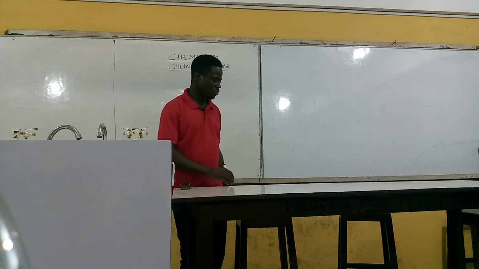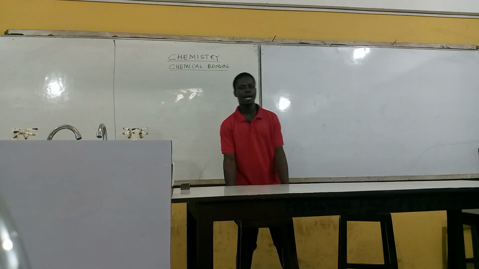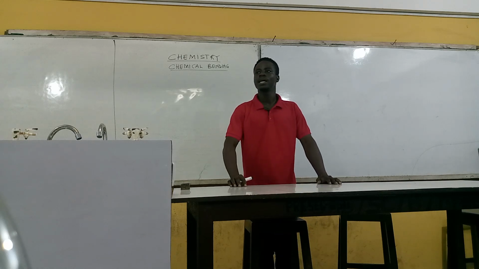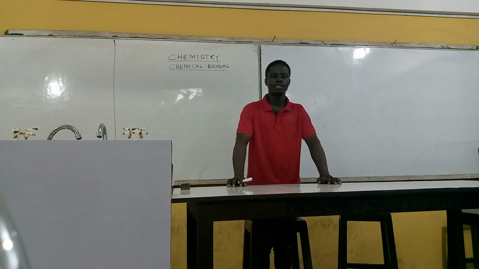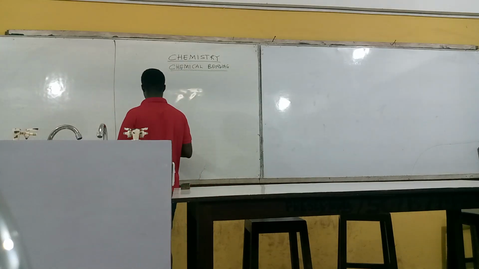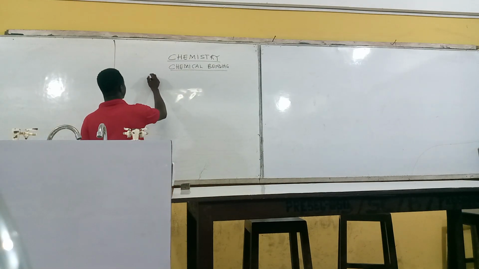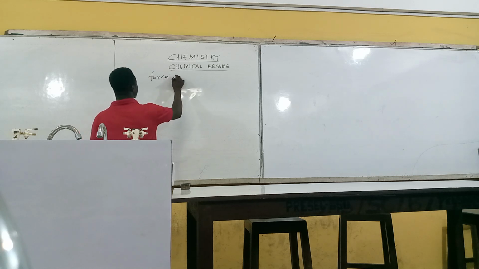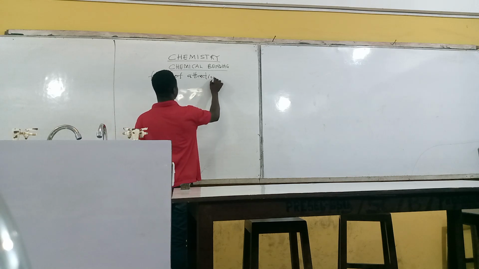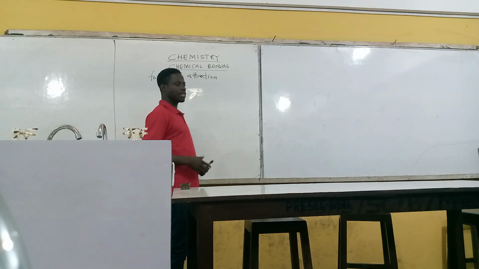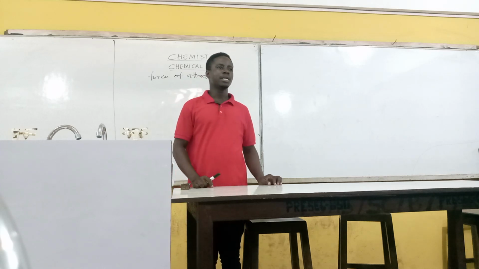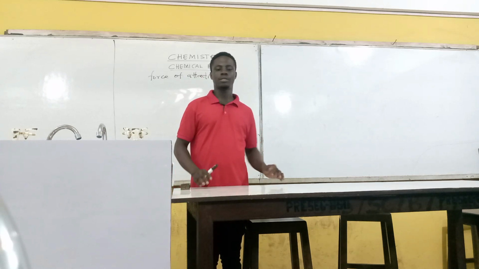If you are asked to define chemical bonding in a very simple context, you can say chemical bonding is the force of attraction that exists between atoms or group of atoms. That is force of what? Attraction that exists between atoms or group of atoms. In other words, we are talking about molecules.